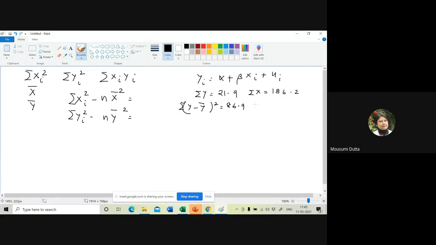Summation this is equal to 106.4. 106.4.